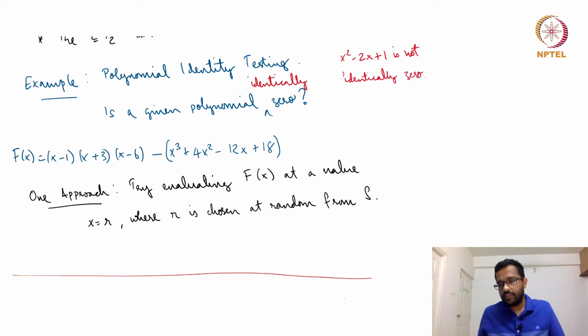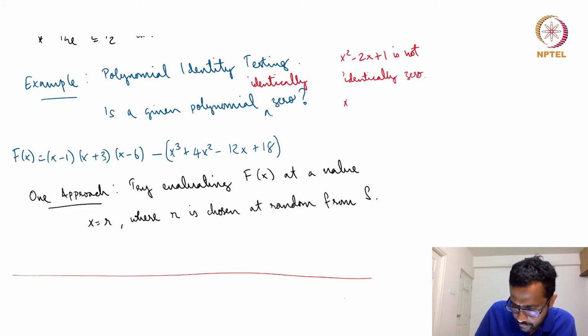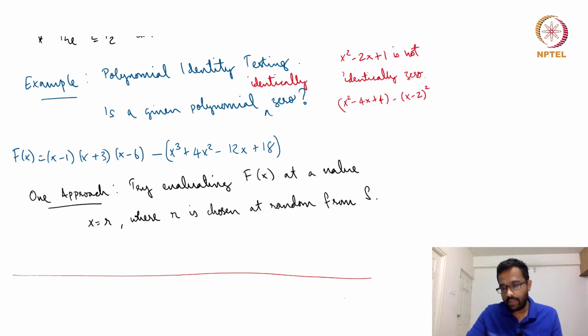However, to give an example of a polynomial that is identically 0, these are polynomials that are always 0, maybe x squared minus 4x plus 4 minus (x minus 2) squared.